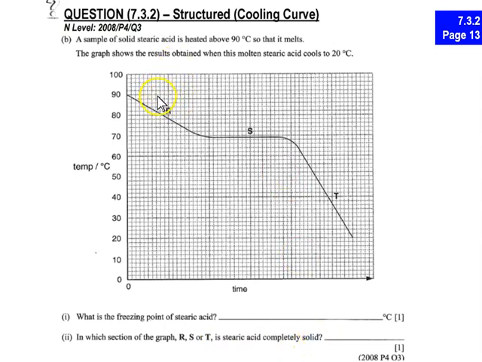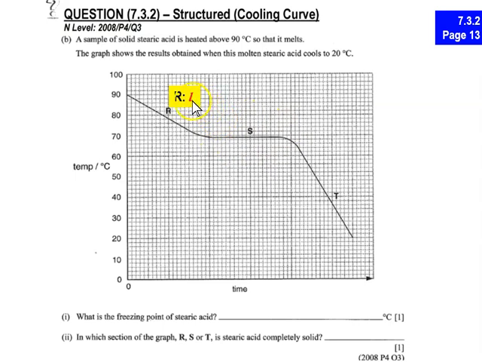So if stearic acid starts as liquid, that means R is liquid. What do you think S will be? Since S will be a change in state, right? So from liquid, the next change in state will be solid. And remember, Miss Lee mentioned that if you have a flat line in the graph, that's a change in state, and a change in state means there is a mixture of states.